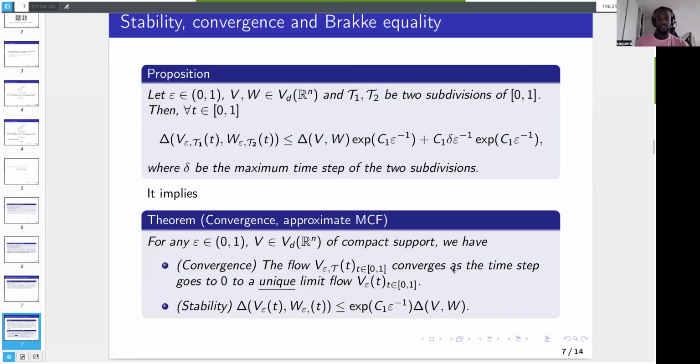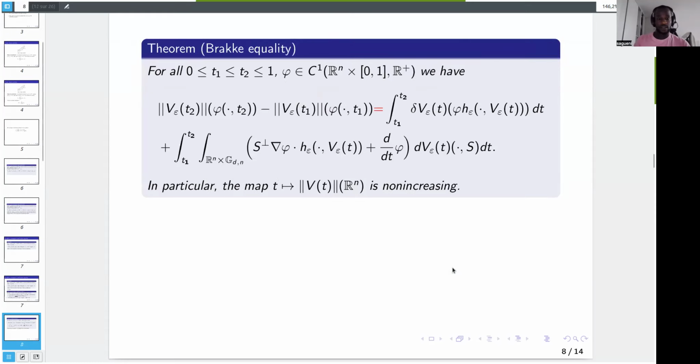Okay, and this solution satisfies Brakke equality and not inequality. So you start with any varifold, you can construct an approximate flow with epsilon fixed, and you have the Brakke equality.